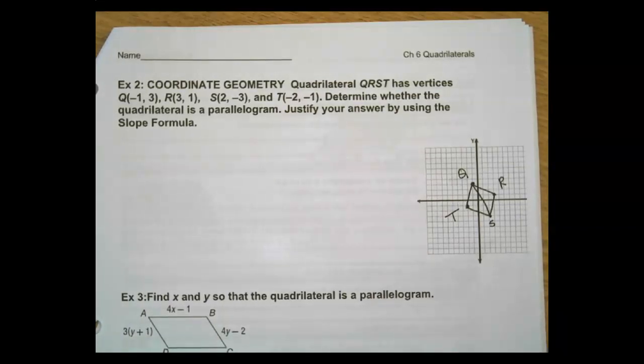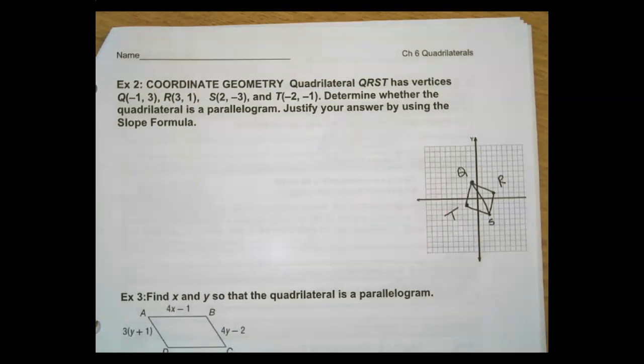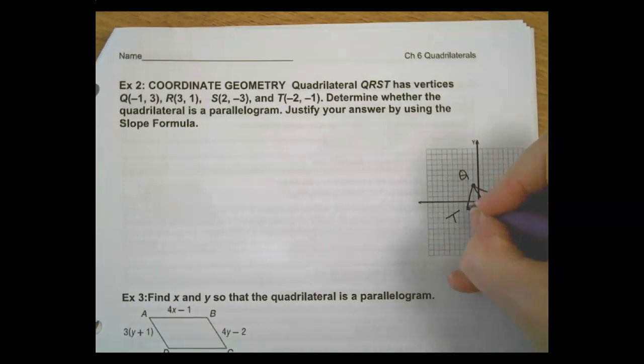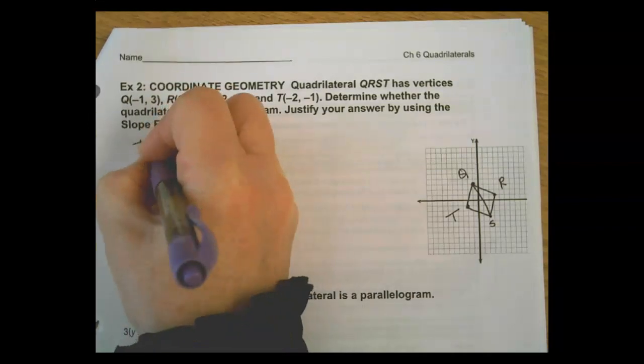All right, determine whether the quadrilateral is a parallelogram. Can't really do angles, so we're going to go back to the sides. And how can we measure those sides? It says to use the slope formula. So from T to Q, is it equal to SR?